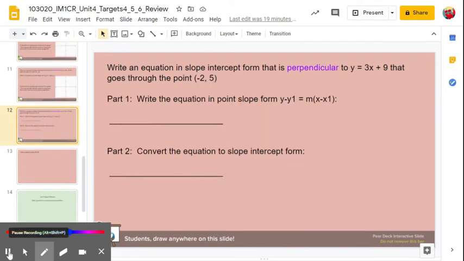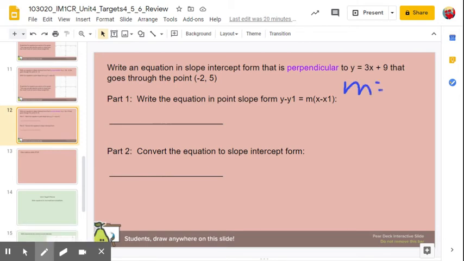Our last problem for this topic, we're going to go ahead and rewrite the line that's perpendicular using the point-slope form, and then we're going to convert it to our favorite form, slope-intercept form. So the slope of the line given, y equals 3x plus 9, is 3. So what's the perpendicular slope going to be? It's going to be m equals, reciprocal of 3 is 1 over 3, and it has to be opposite sign, so it's going to be negative 1/3.